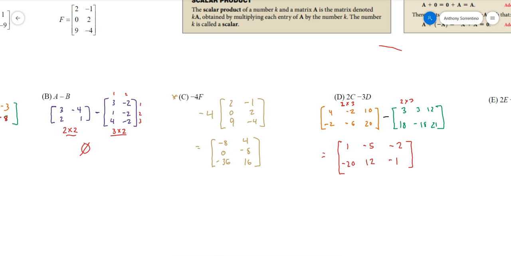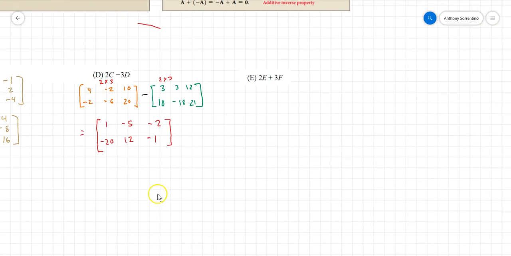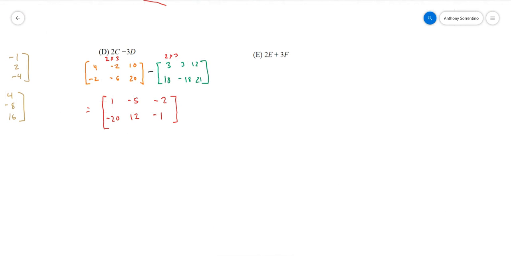For the last one, 2e plus 3f. Again, we know what e is. 2 times e means I'm just going to take all the numbers in e and multiply it by 2. So I'm just going to do that.